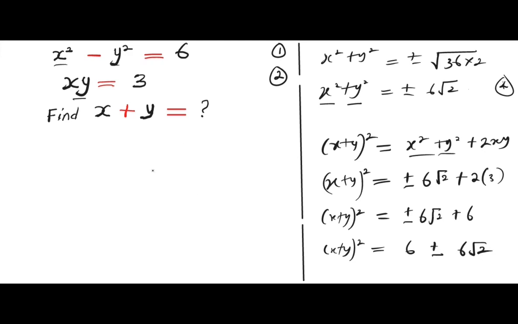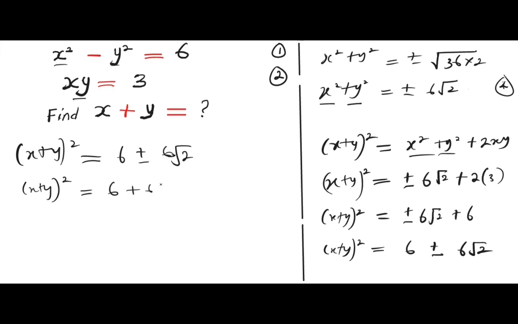Okay, let's continue on this part of the board. So we have x plus y all squared equals 6 plus or minus 6 root 2. Now if you notice, our x plus y all squared has two values. So let me write here, x plus y all squared equals 6 plus 6 root 2, taking this positive first, or 6 minus 6 root 2.